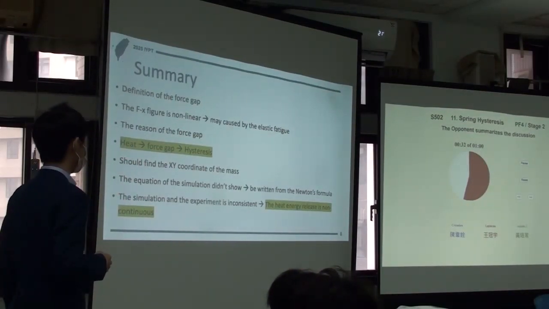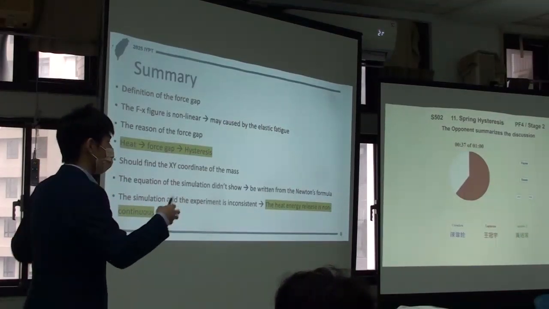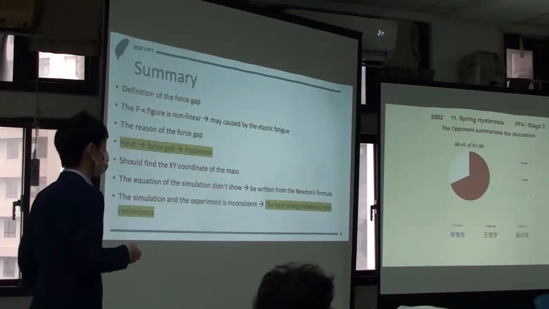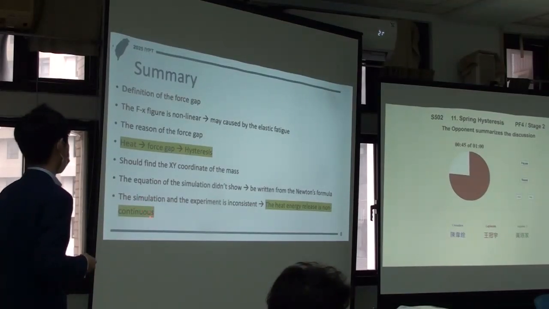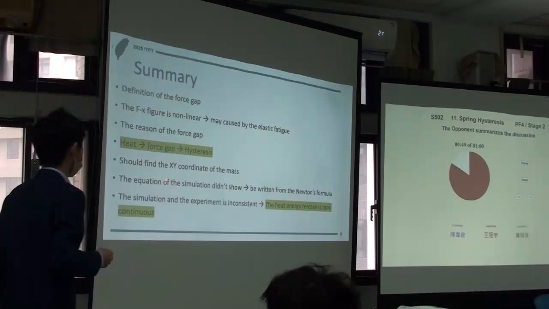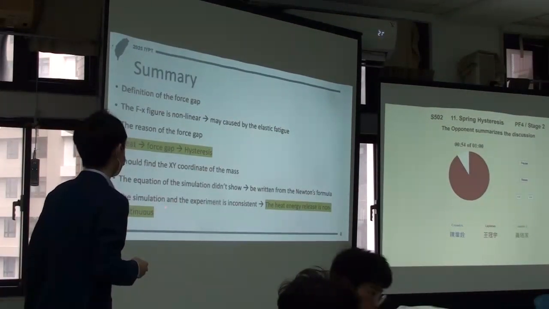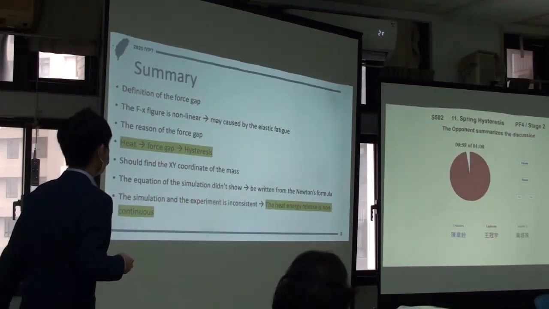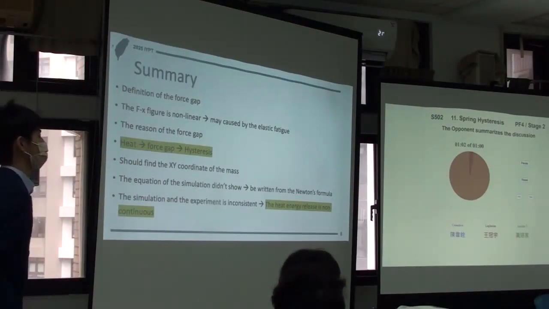They didn't show their simulation theory, so I didn't know how heat energy is applied to the simulation. They should find the XY coordinate of the force sensor, not the mass. The simulation and the experiment are not consistent because I don't know how to apply the heat energy.